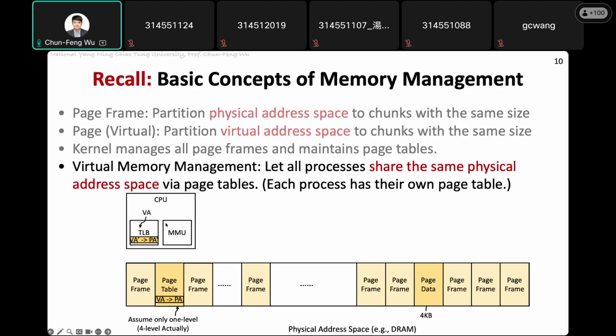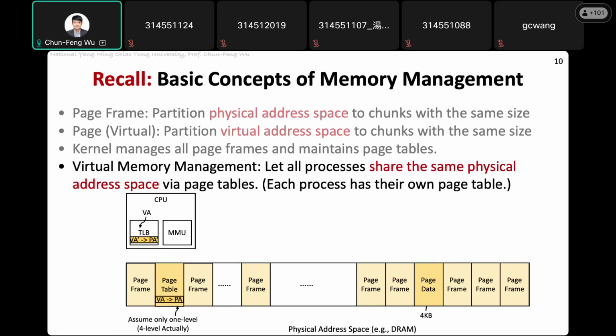In modern systems, all of the instructions in your code are first in virtual addresses. So what the CPU first sees is always a virtual address. Usually the CPU will not get the physical address directly.